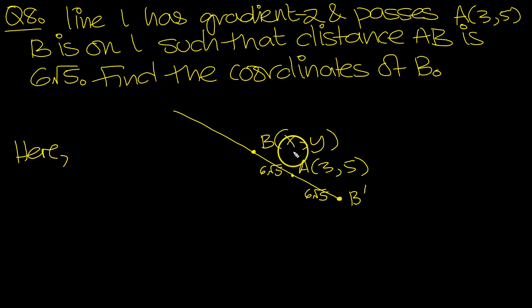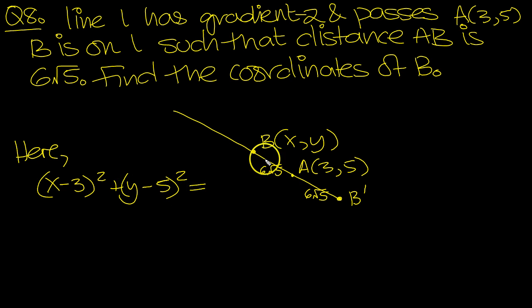So here, this distance then, use Pythag: x minus 3 squared plus y minus 5 squared must equal this distance squared, the longest side squared. So we just use Pythag here for the coordinates, this height and this length, both squared, equals this distance squared, so 6 squared is 36 times 5. 36 times 5 is 180.